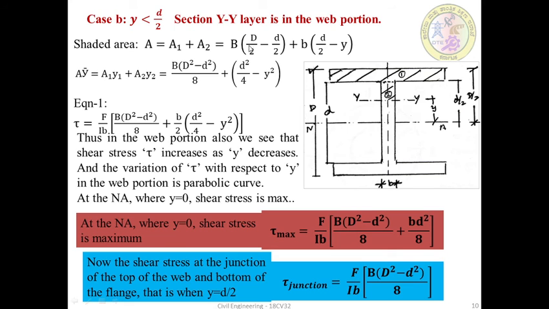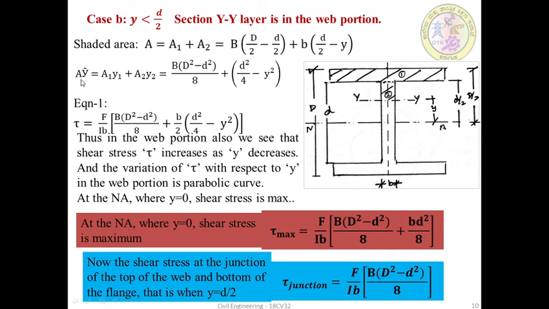So A1 is the top flange, and the next one is the hatched portion. It is b into D by 2 minus d by 2. This height is capital D by 2 minus small d by 2, and the breadth remains constant, plus small b is the width of the web, and the area is d by 2 minus y.